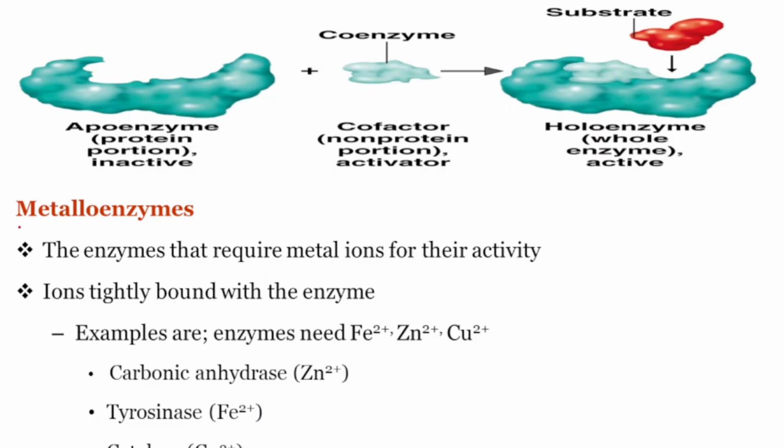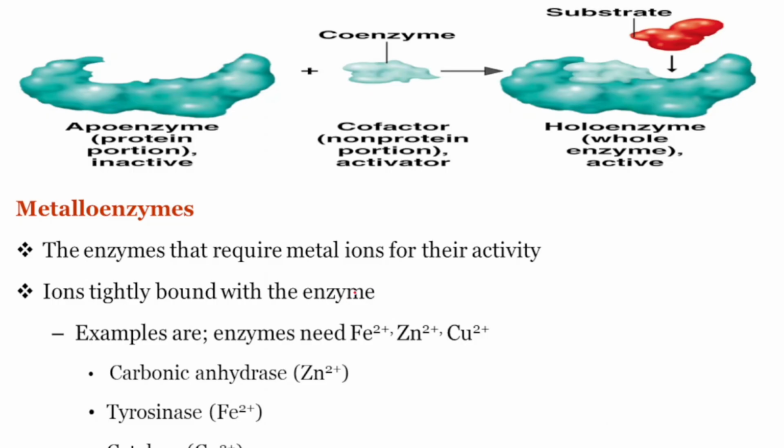Okay, let's go into the metalloenzymes. As I have already said, metalloenzymes are the enzymes that require metal ions for their activity, right? Ions tightly bound with the enzyme. When we talk about metalloenzymes, ions are tightly bound with the enzyme.